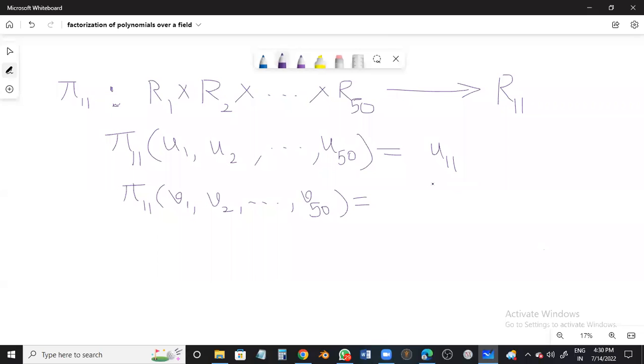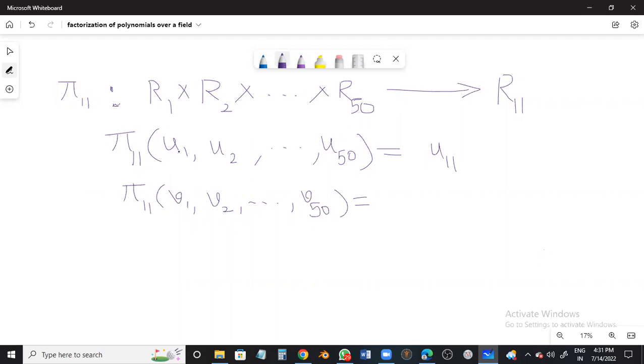Okay. See, we are saying pi 11. What does 11 indicate? It indicates that we are getting the component at this particular 11th place. So what you observe here is R1 cross R2 cross and so on up to R50. This much cross product we have. What I mean by cross product is that we have that many tuples, that many coordinates.